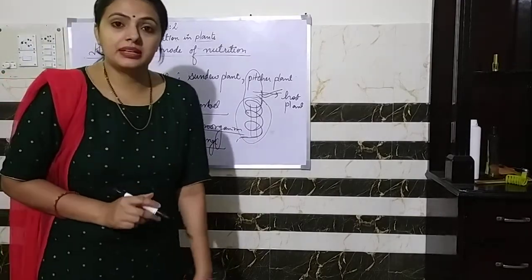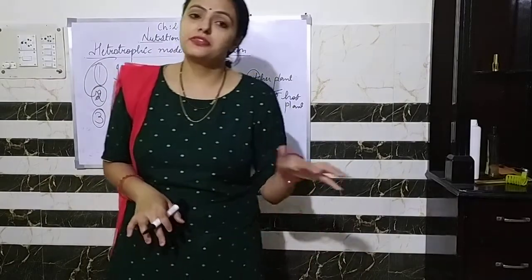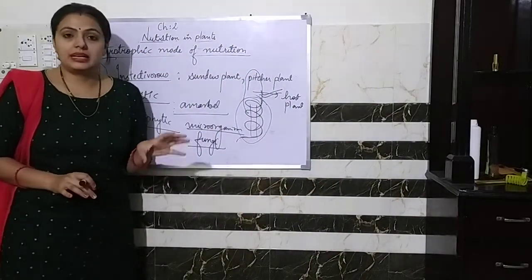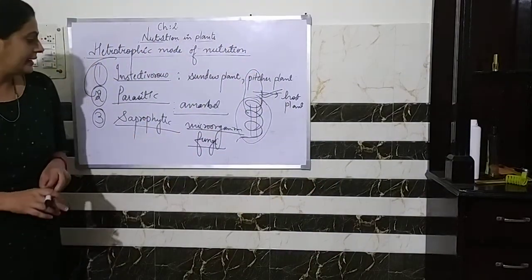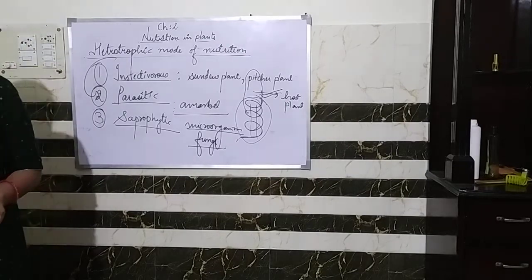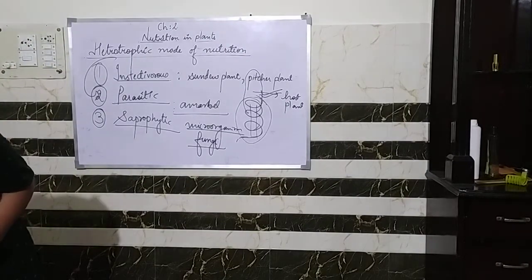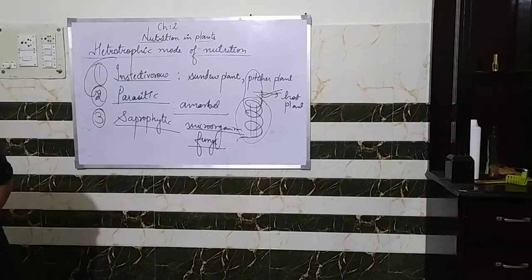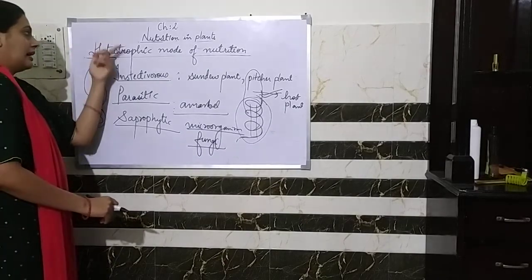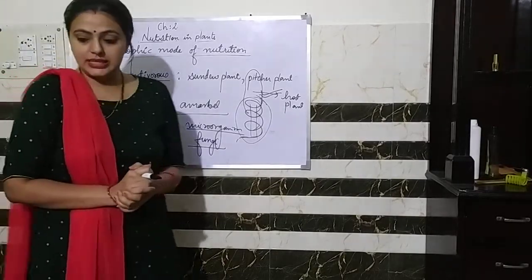Fungi is an organism which takes its nutrients from a dead organism, right? So we have discussed three parts here. The first one is saprophytic, the second one is insectivorous, and the third one is parasitic, right? So these are the heterotrophic modes of nutrition here.